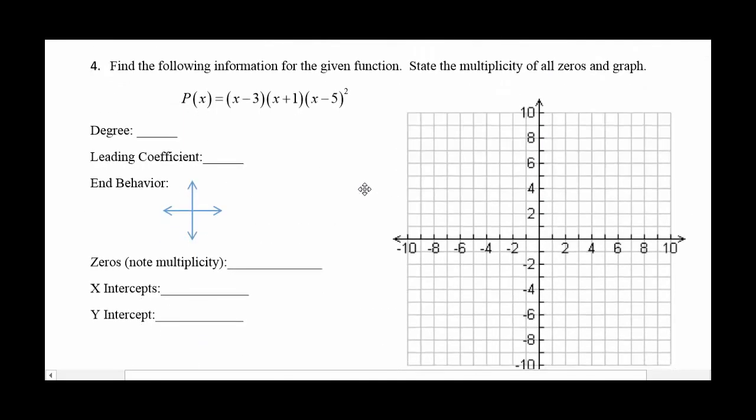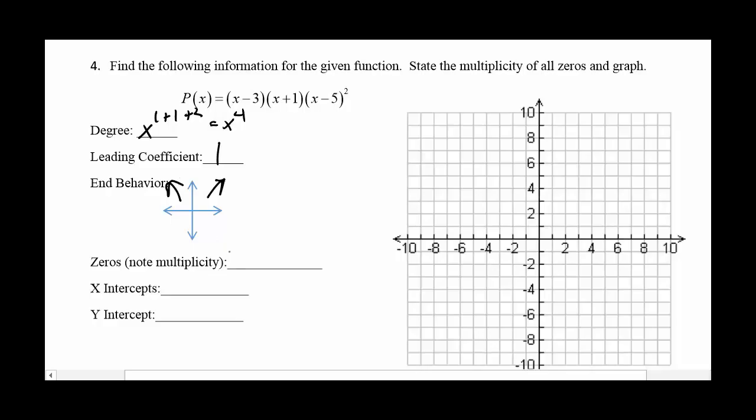All right, number 4, degree. Let's see, we've got 1 plus 1 plus 2, so that's x to the 4th. Leading coefficient would be a 1 again. Again, think about multiplying it out, what the first term would look like. An x to the 4th would be an end behavior of first and second.